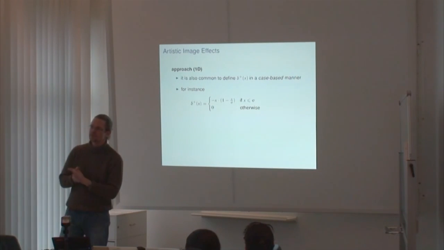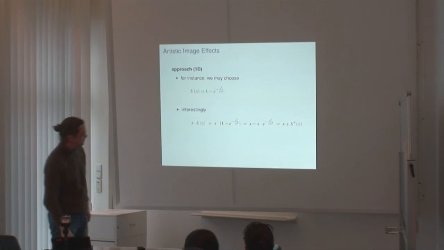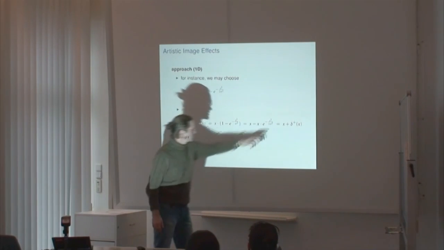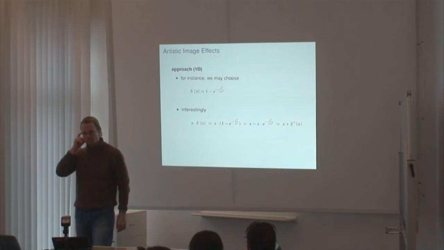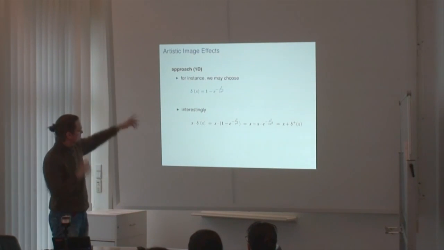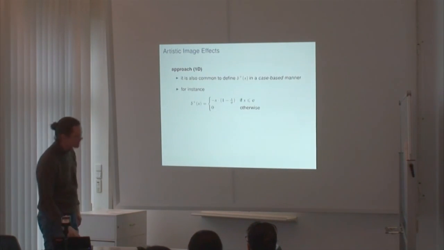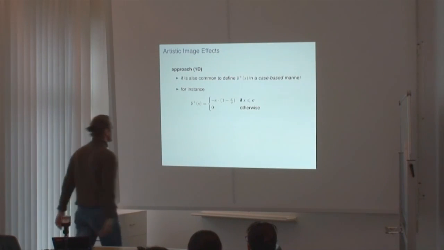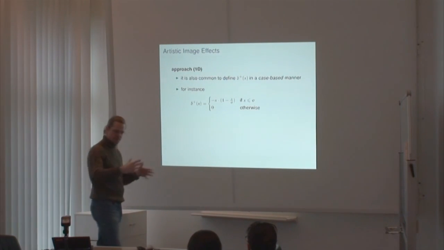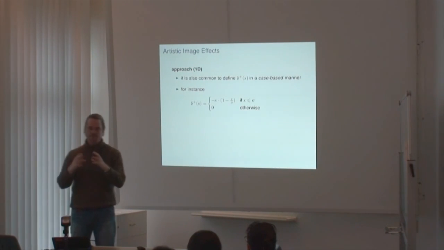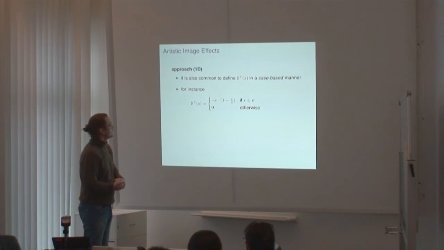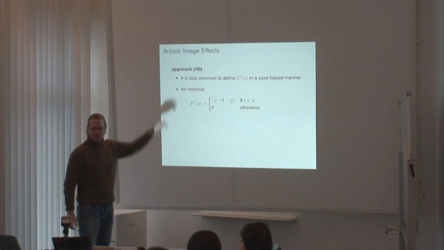Again, instead of thinking about how to design functions delta plus that meet these requirements, we can actually always do it like this. One could also say, well, let's define the extent of the warping region, the extent of the lens, and call it sigma in this case.